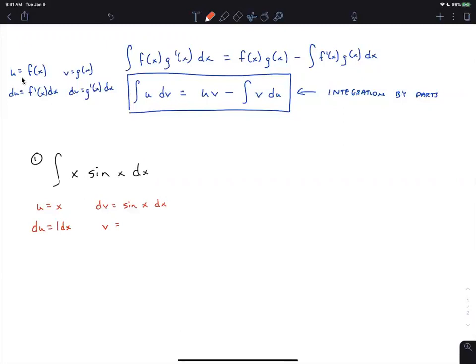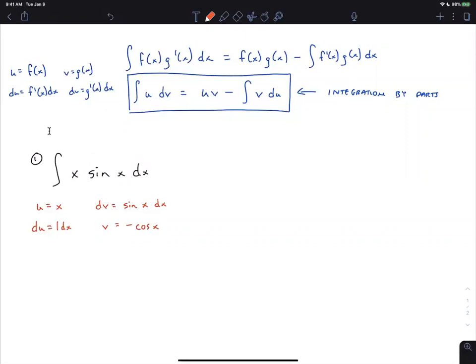Be careful with the signs, but what is the antiderivative of sine? Positive cosine, negative cosine, or something else? Negative cosine. So v is going to be negative cosine x. Is everybody clear what we're doing there? Any questions?